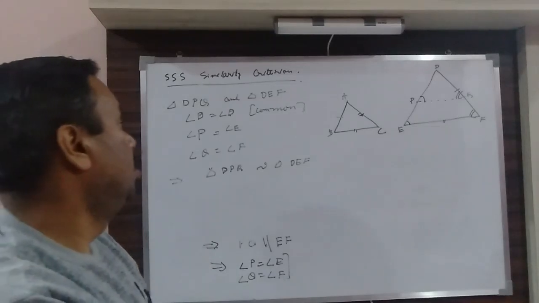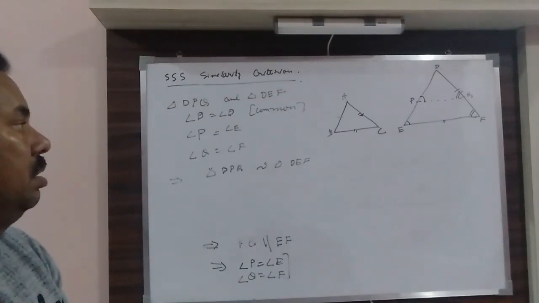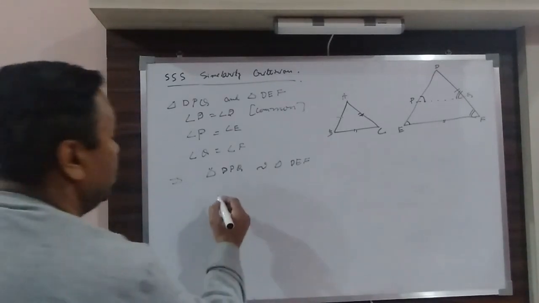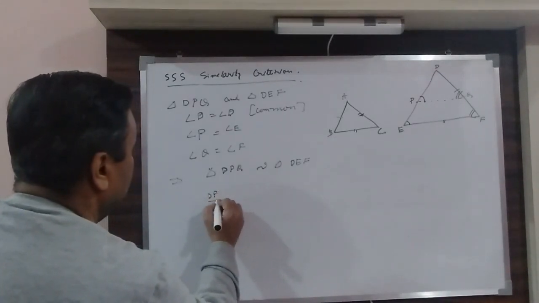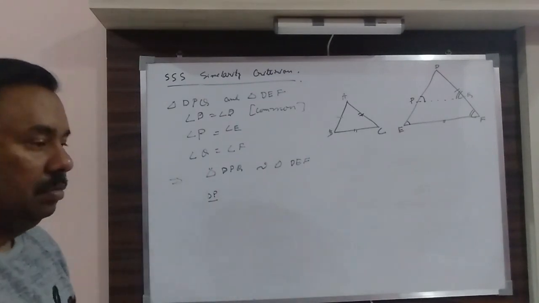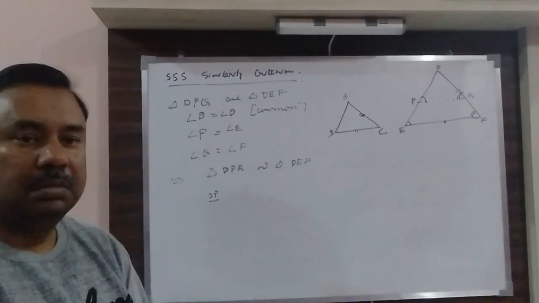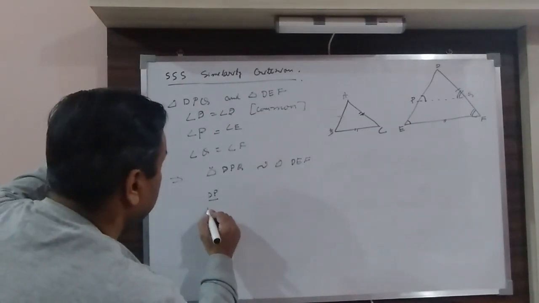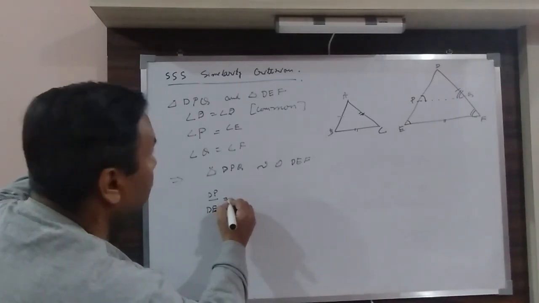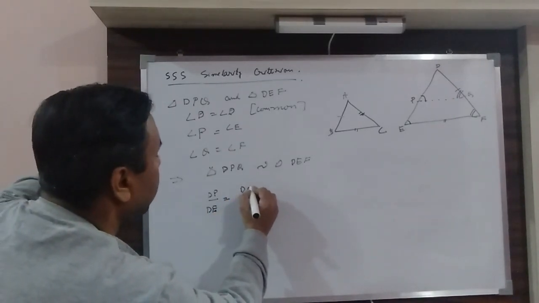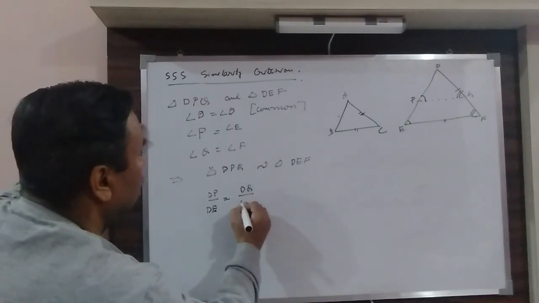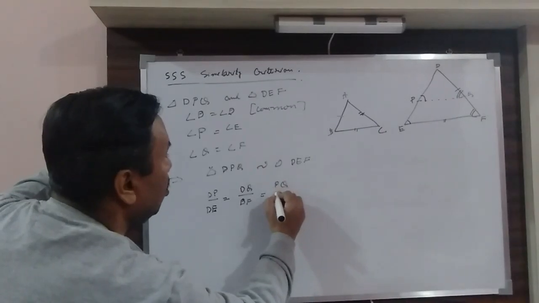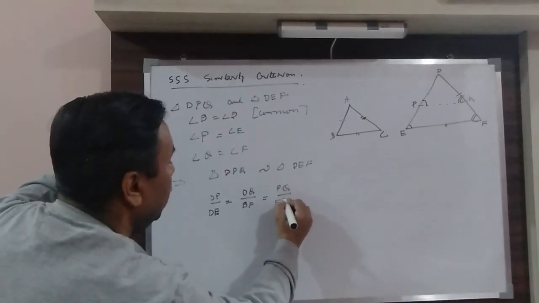If this is so, that means the ratio of the sides, that is DP over DE, will be equal to DQ over DF, and this will be equal to PQ over EF.